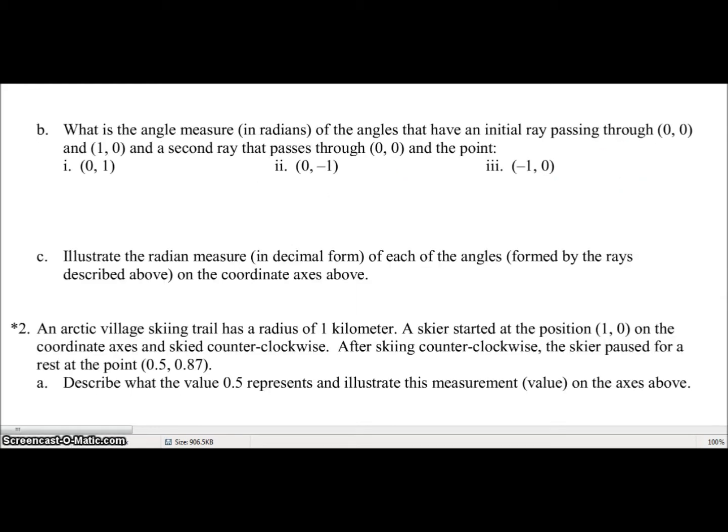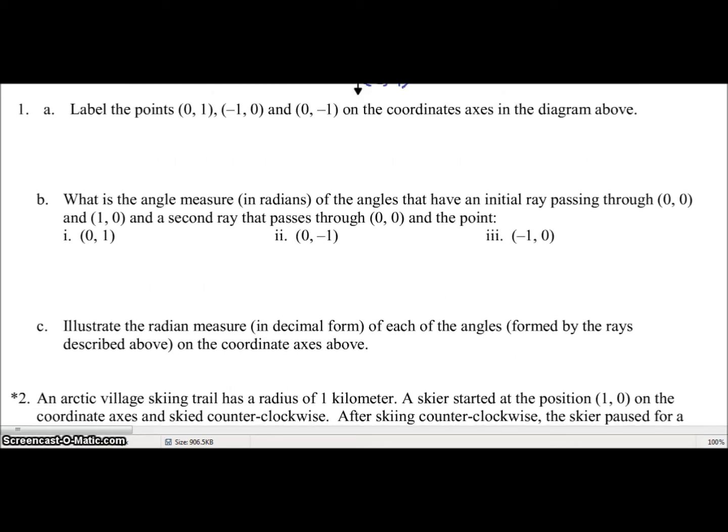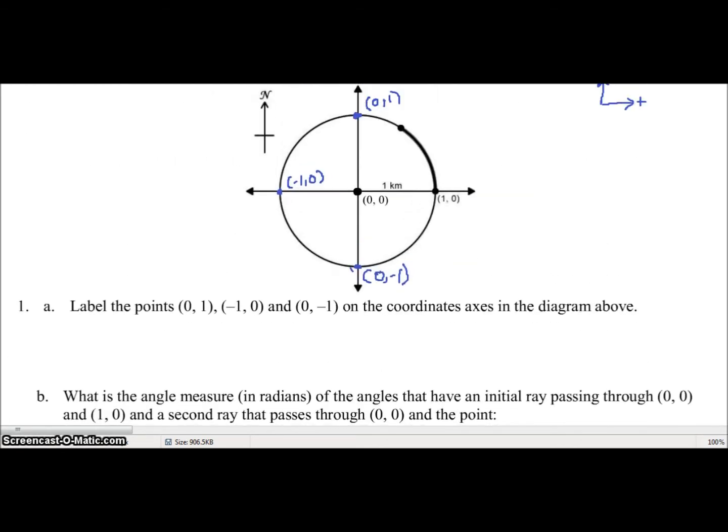What is the angle measure in radians of the angles that have an initial ray passing through (0, 0) and (1, 0), and a second ray that passes through (0, 0) and the following points? So let's just draw our initial ray in red. Notice it goes through the points (0, 0) and (1, 0).